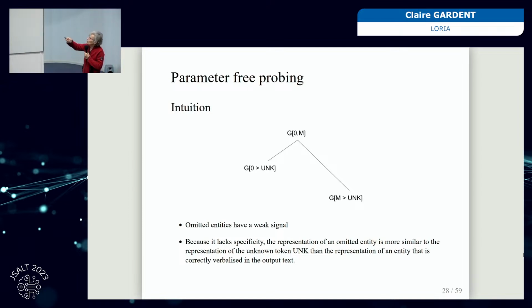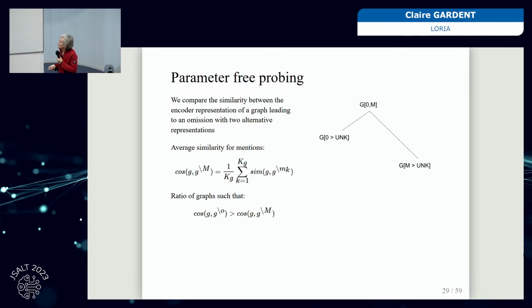So we said we're going to compare the similarity between the initial graph and the graph where you've replaced an omission, and the similarity between the initial graph and the graph where you substituted a mention. Our idea was that the similarity should be higher for the graph where you substituted the omission than for the mention. So this is what we do.